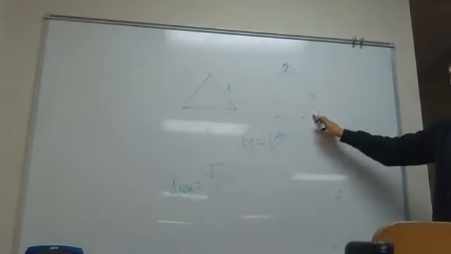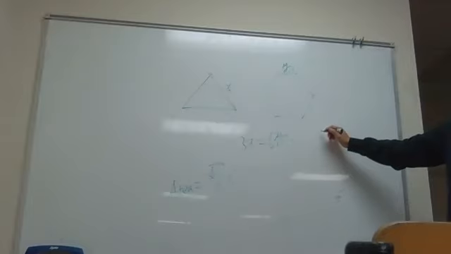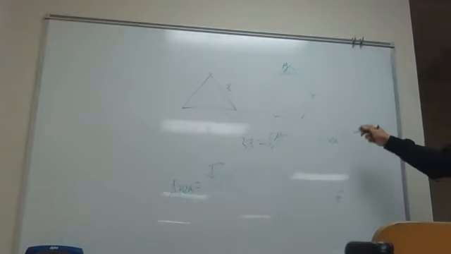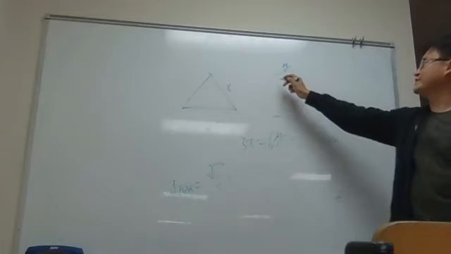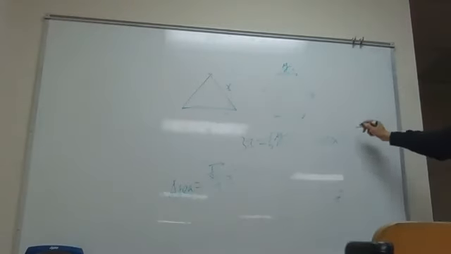So what about for a regular hexagon with side y? Just do that multiplied by 6, because of the cutoff here. So it's going to be square root of 3 over 4 y squared multiplied by 6.